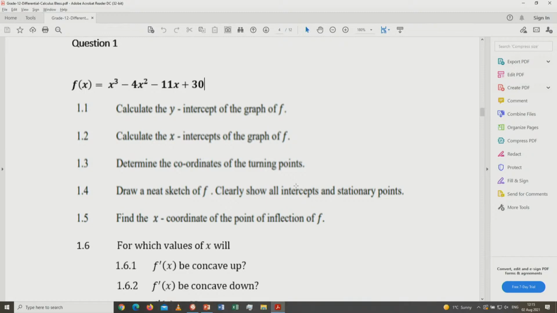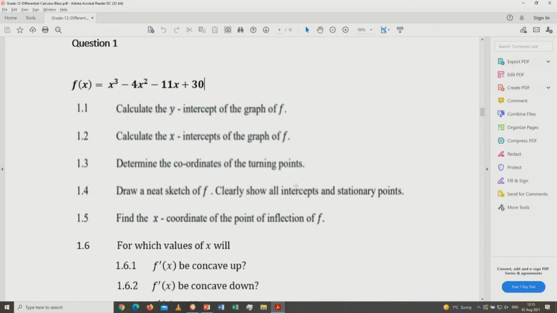We have 3x, right? Then we have x. I think we have minus 11, and then we have plus 1. Are they correct? Let's verify if they are correct. Let's multiply the inners. We are having minus 11x, the outers. We are having 3x multiplied by 1, it gives us 3x.